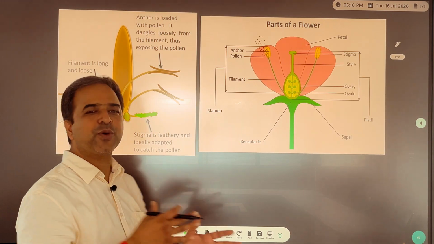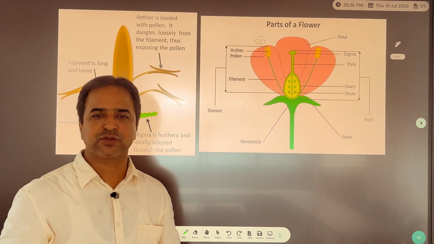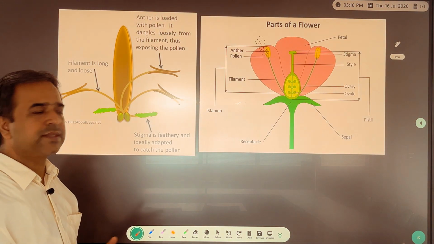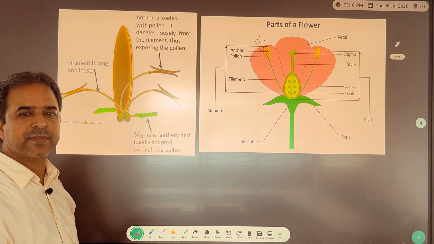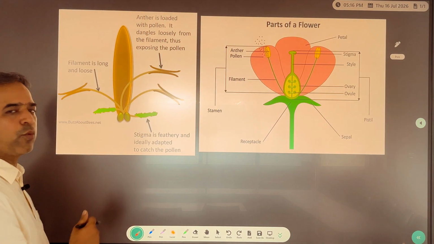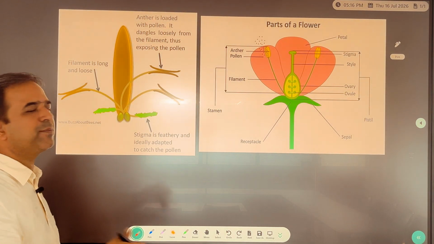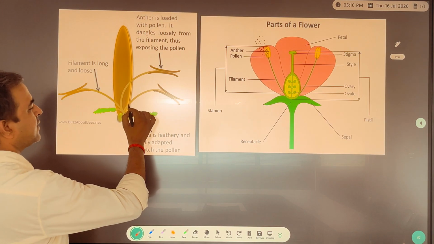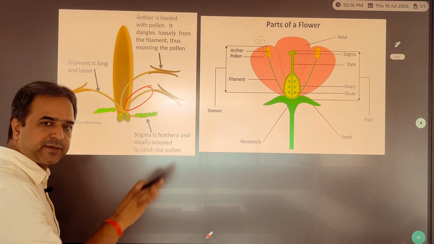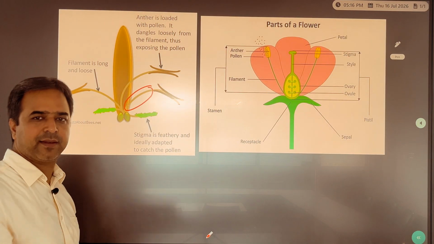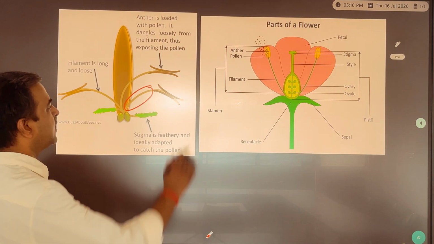So they don't have to attract any insects. So they are not colored. They do not have fragrance. They do not have nectaries. Instead, they have certain mechanisms, like their stamen will have a stalk which is quite weak, so that it can shake well in wind current.